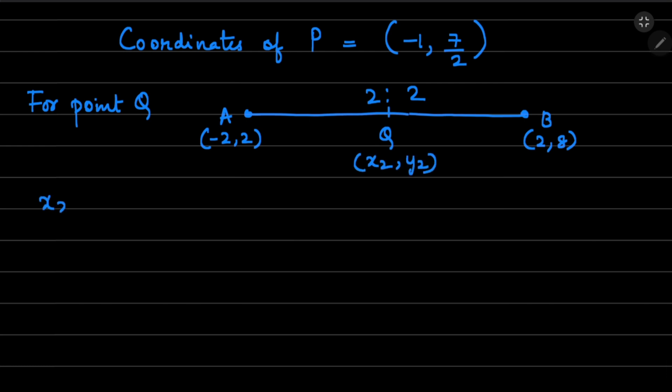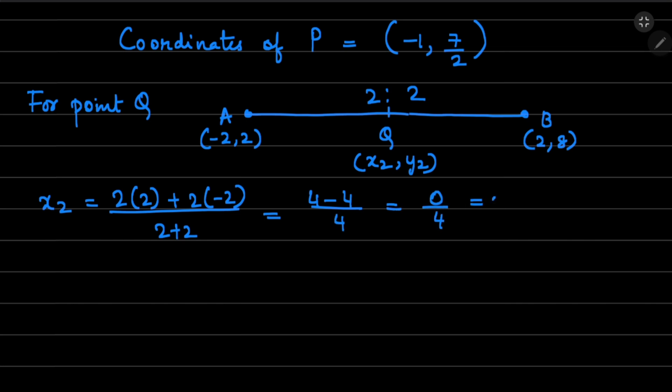So let's calculate x2. You can use both the methods, we will do both. Okay, this is using the section formula. x2 equal to 2 into 2 plus 2 into minus 2 divided by 2 plus 2. So this is equal to (4 minus 4) divided by 4, which is 0 by 4, that is equal to 0.